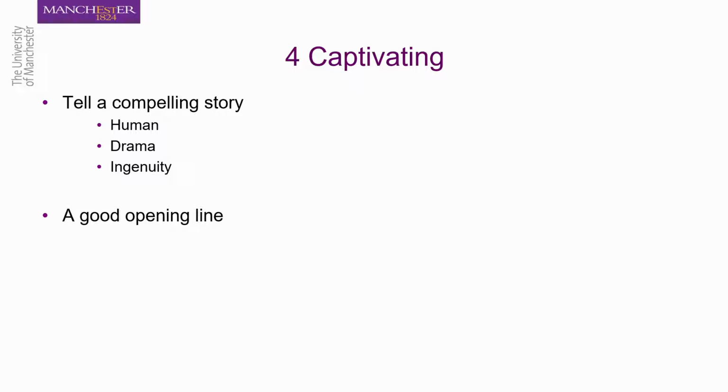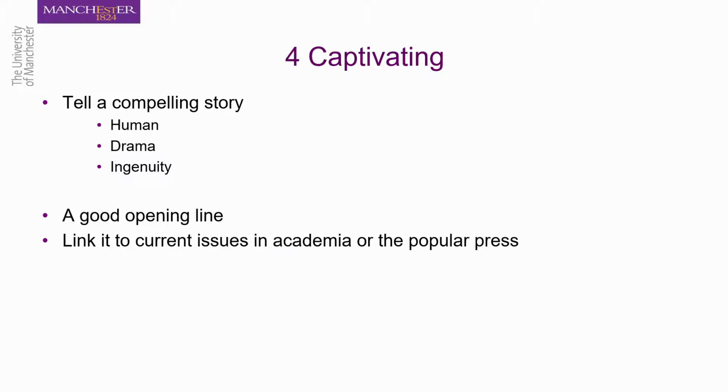And there are some other tips that I got from other people. You have to start your writing with a good opening line to get people thinking, and you want to link it to current issues in academia or the popular press. Let's say you talk about decision making, or you're studying psychopaths, and you might want to link it to the U.S. elections at this very moment, whether Trump will continue his presidency.